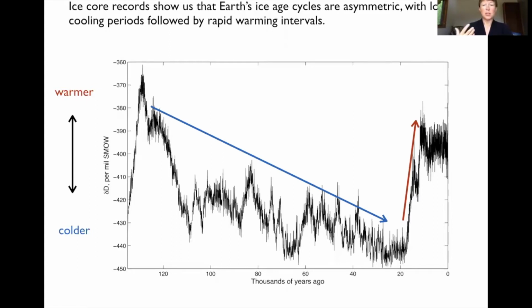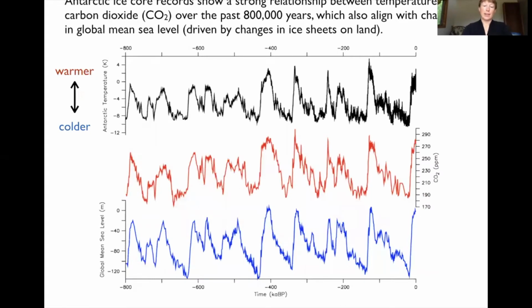Okay. So this asymmetrical pattern, as you've already seen, is repeated in Earth's ice age cycles. If we look at all of the ice age cycles that we can see from ice cores from Antarctica, so 800,000 years, and we look not just at temperature, which is now shown in black, but also at CO2 in red, and also the global sea level curve in blue at the bottom, we can see that those three things track each other really, really well.